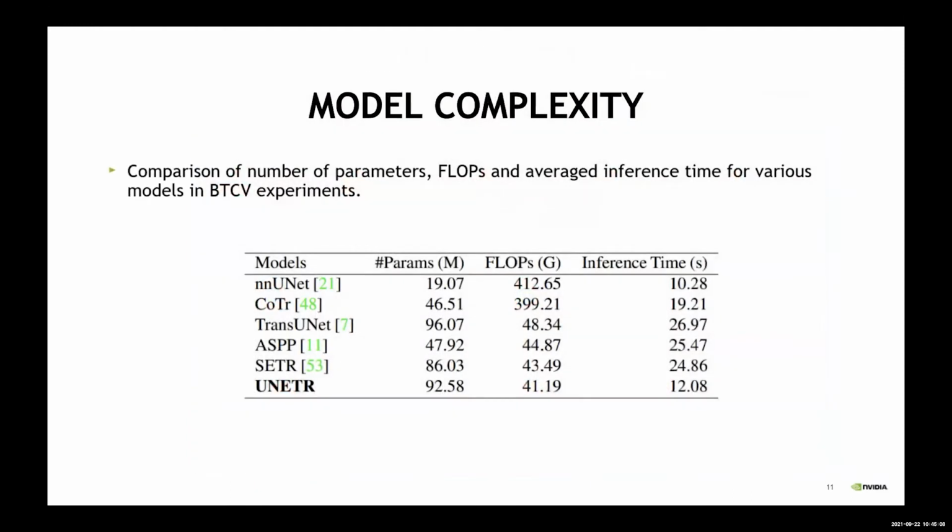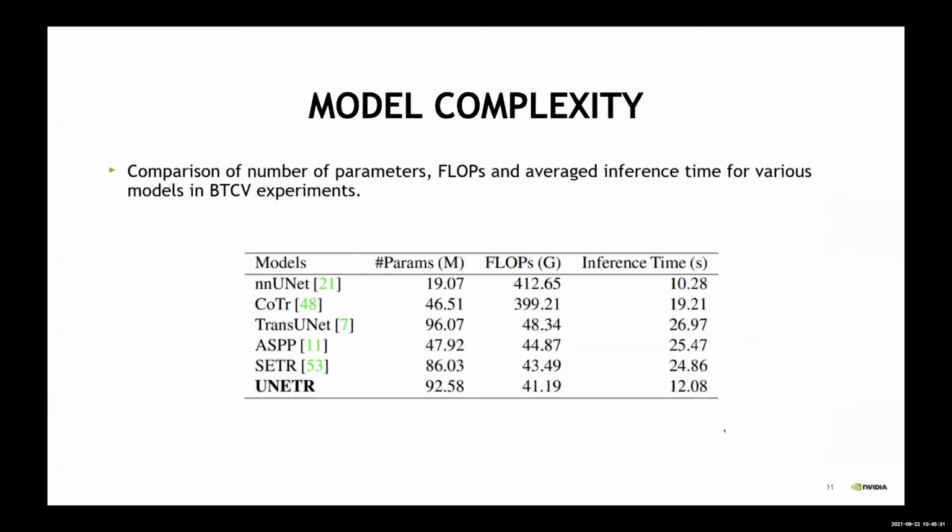As far as the model complexity is concerned, first of all, our model has the least number of gigaflops in comparison to the competing approaches, such as nnU-Net and TransUNet, and it is also the second fastest model, only behind nnU-Net. And you can see that there is a large discrepancy between our model and TransUNet.